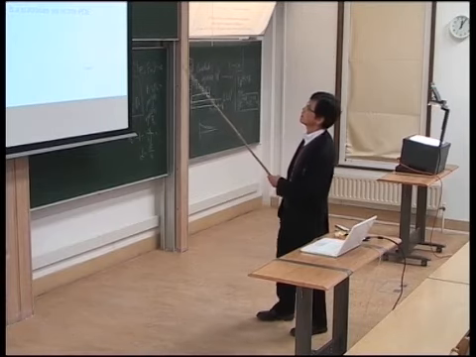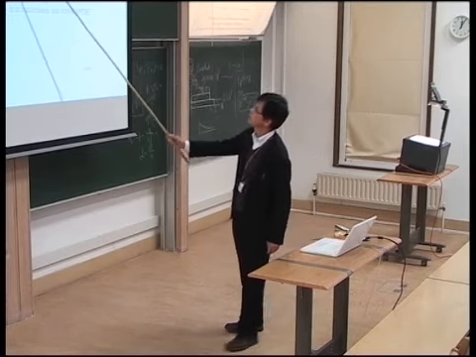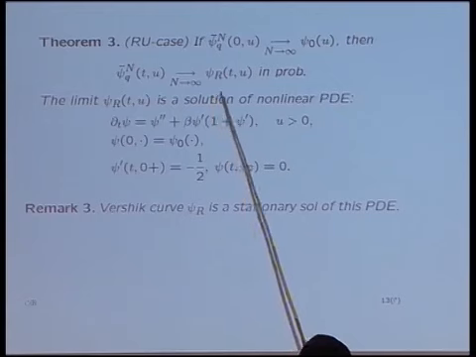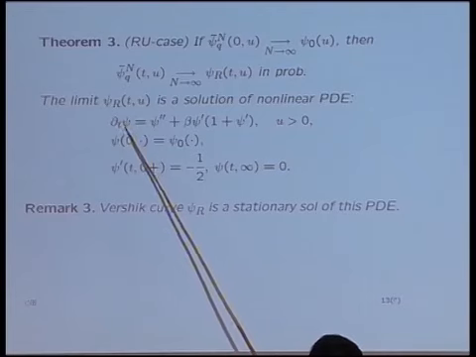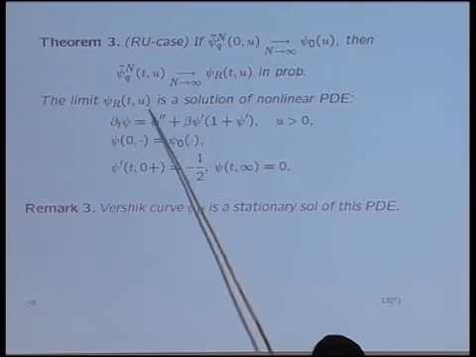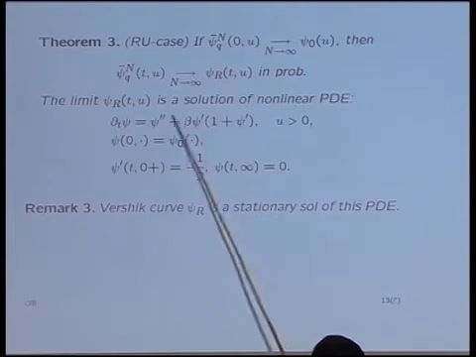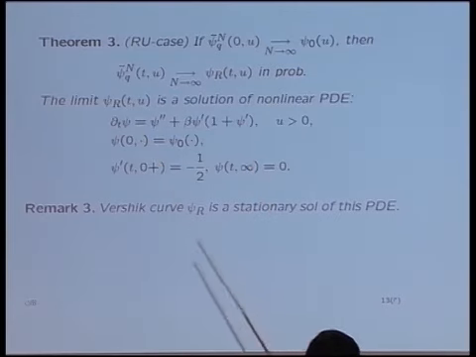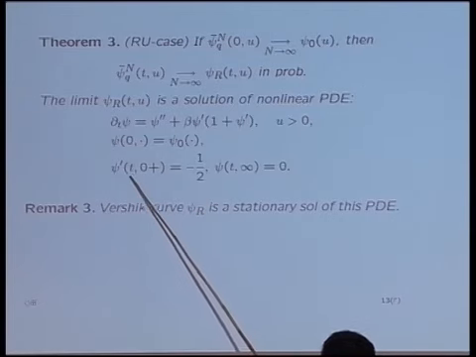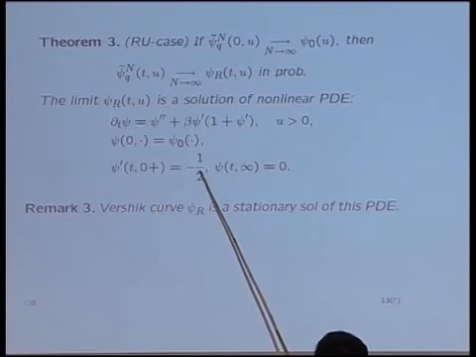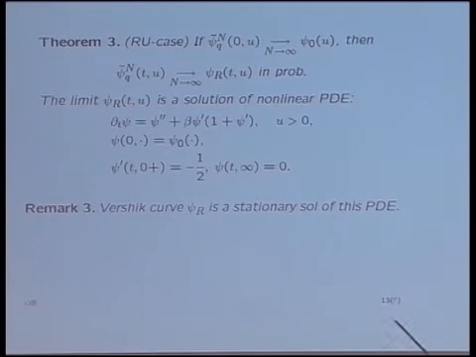And also for the restricted uniform case, we can show similar results, but the limit equation is different, of course. The limit equation is given by this formula. Maybe this is much simpler, but with boundary conditions here, of Neumann type, where the derivative is always minus 1/2.